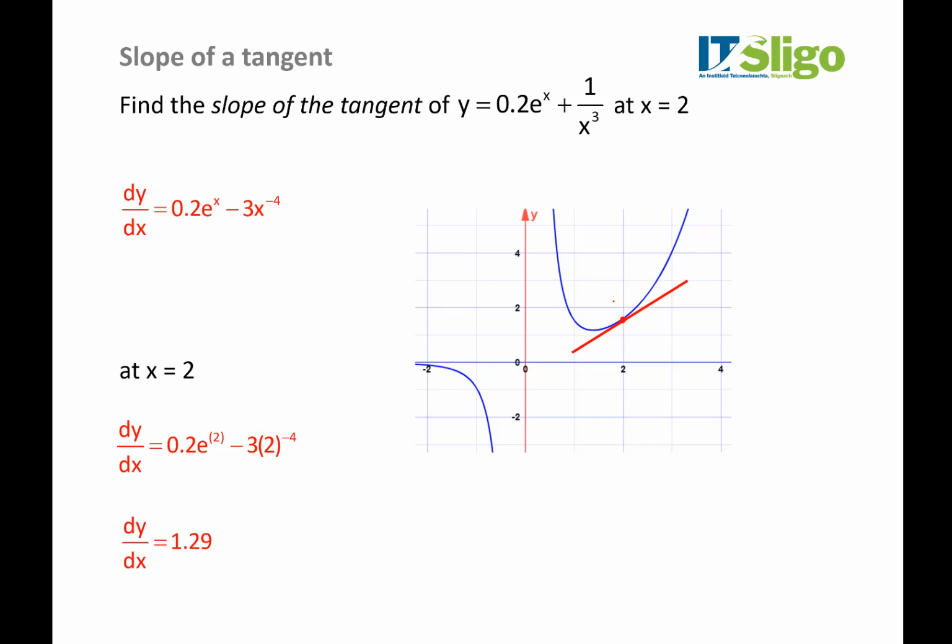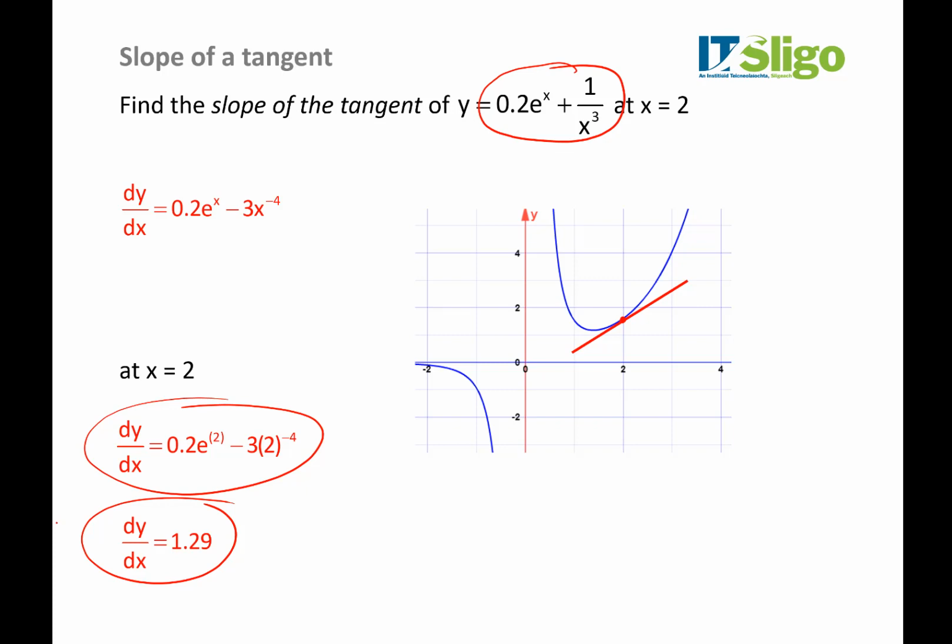When you're drawing a tangent on the graph, there's no way you could get the slope accurate to 10 decimal places. Not unless you were a master artist and you were doing it on a huge sheet of paper. So I hope you see the value of calculus. It's very powerful. It gives us these slopes of very complex functions. We can determine the slope in a matter of minutes.